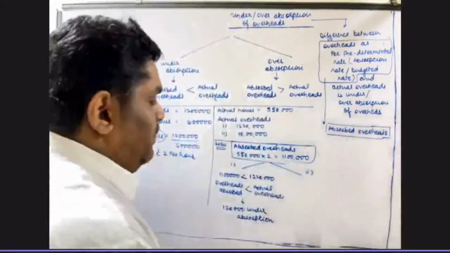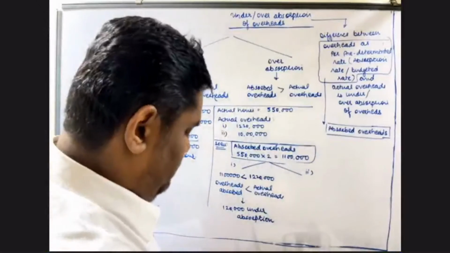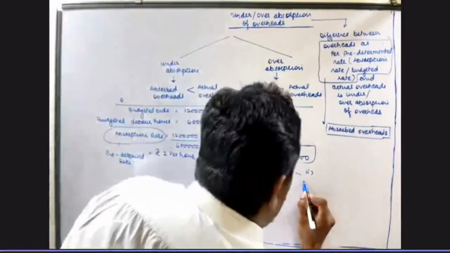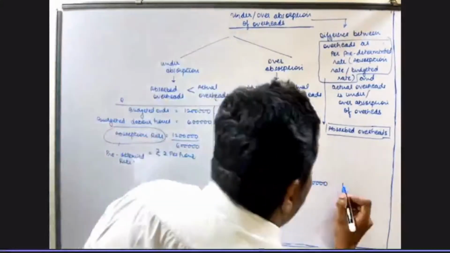So when talking about the second case, herein my absorbed overheads are 1 lakh and my actual overheads are 10 lakh.